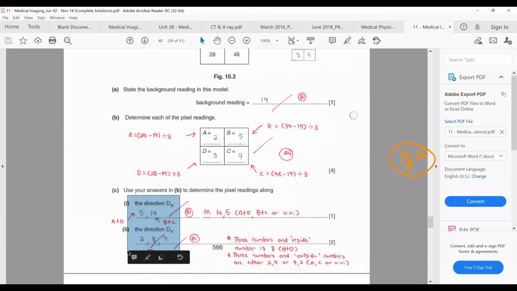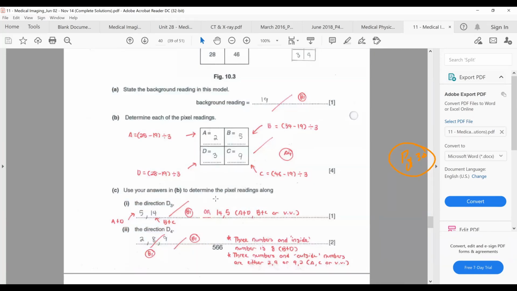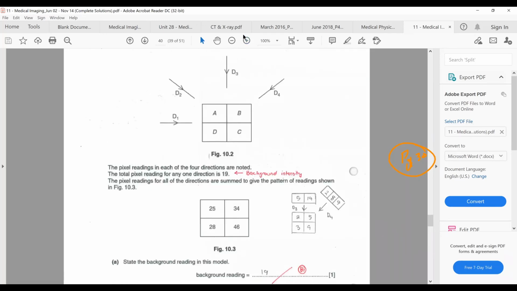Now this is where this question differs. After you have found your answer here, they ask you to find your pixel readings along direction D3 and direction D4. From what you have determined here, find out the detector readings that you will get in directions D3 and D4.